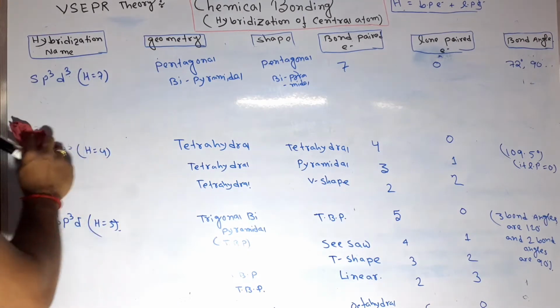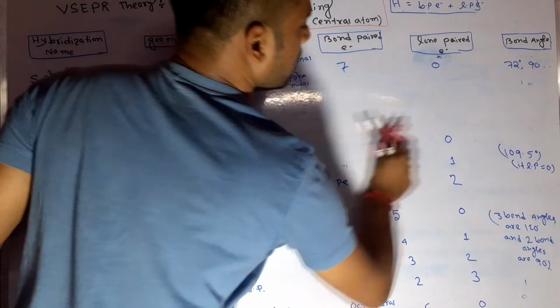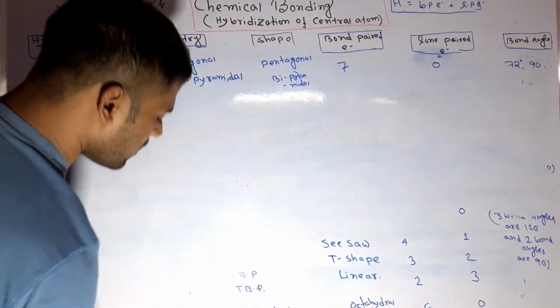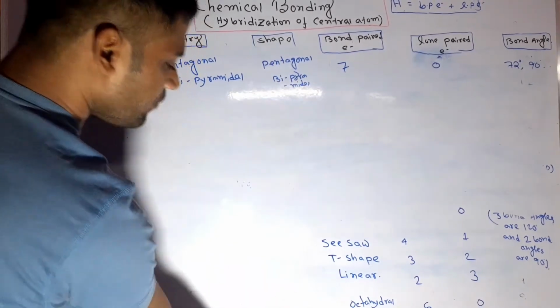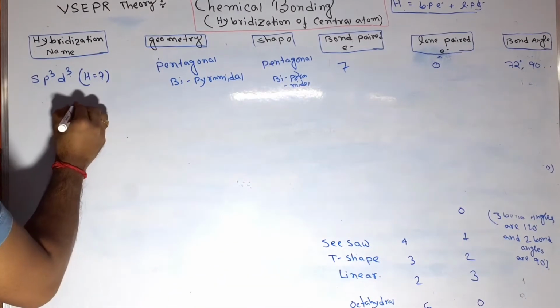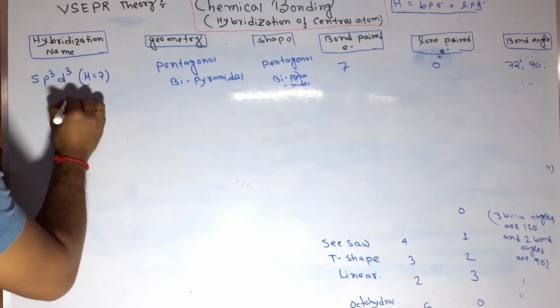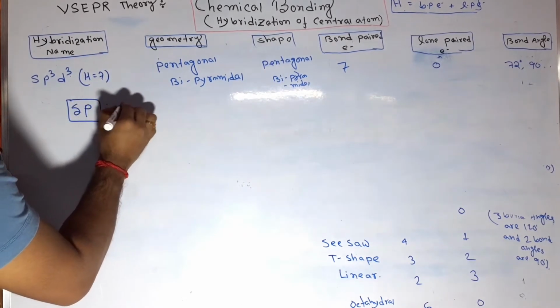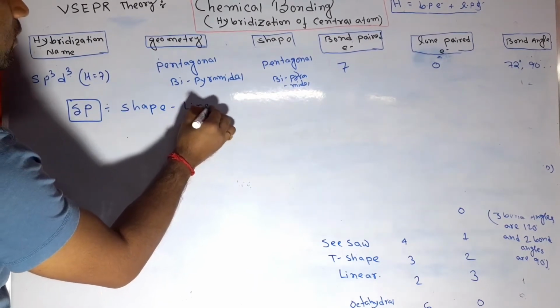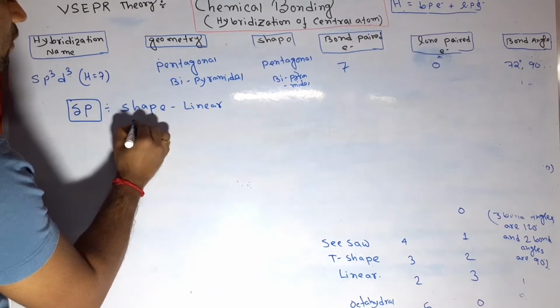What is the structure? Linear. For sp hybridization, the shape is linear and the geometry is also linear.